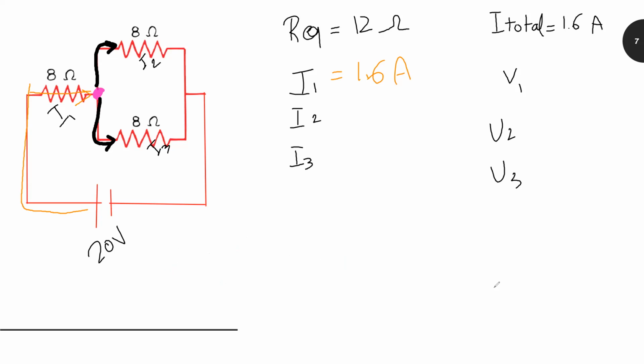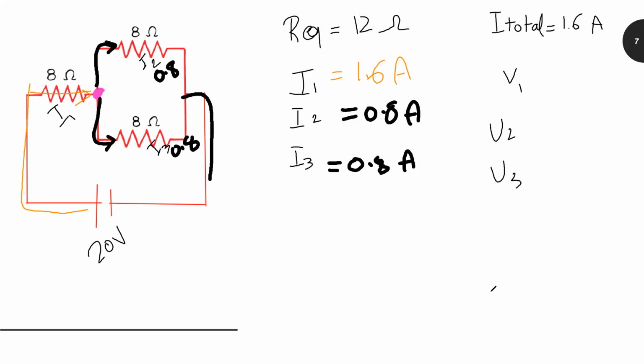Here, since they are divided, we come back here. Now the current is passing through these two and is distributed. Since we have the same amount of resistance, the current will be divided into 0.8 and 0.8. So I2 will be 0.8 ampere and I3 will be 0.8 ampere.